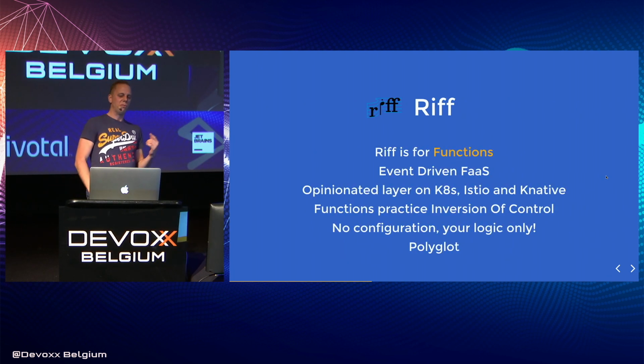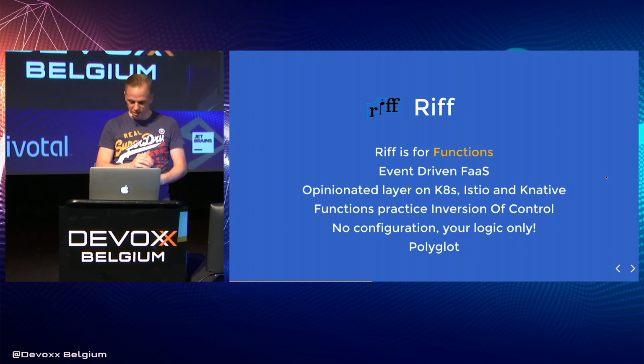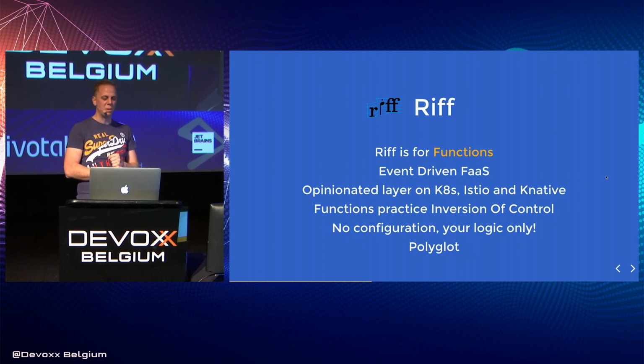Then again, on top of Knative, we have Riff, which is something developed by Pivotal. And Riff is basically short for "Riff is for functions." So it's a self-explanatory thing. And Riff is basically an event-driven function as a service. And it's very opinionated.